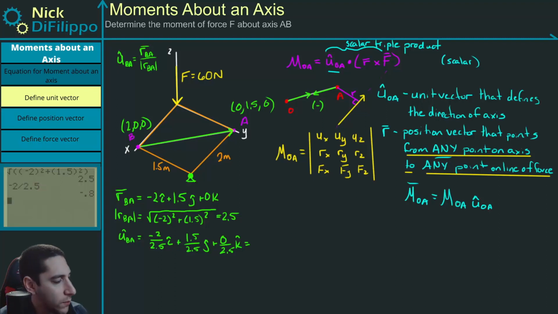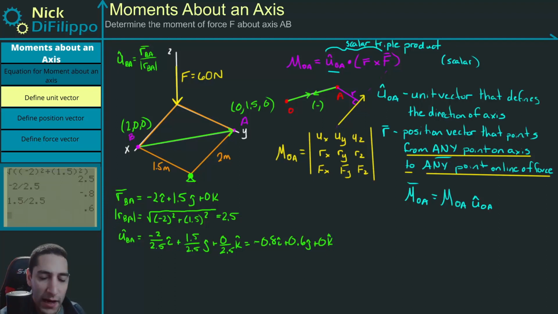Minus 0.8. What's 1.5 divided by 2.5? 0.6. So this is equal to minus 0.8I plus 0.6J plus 0K. That's my unit vector.